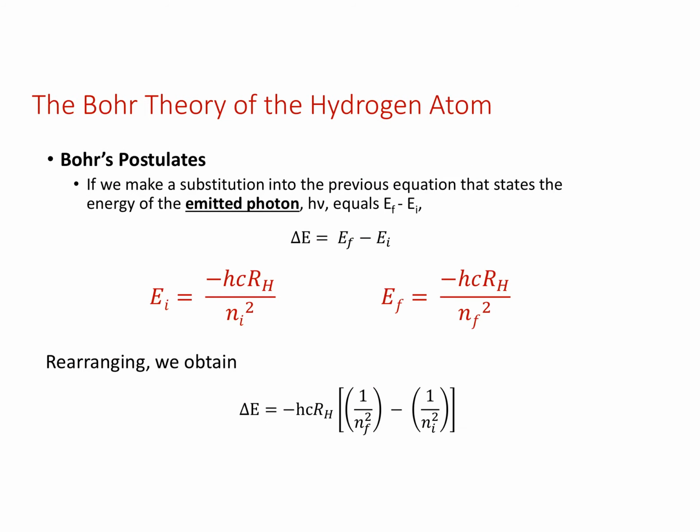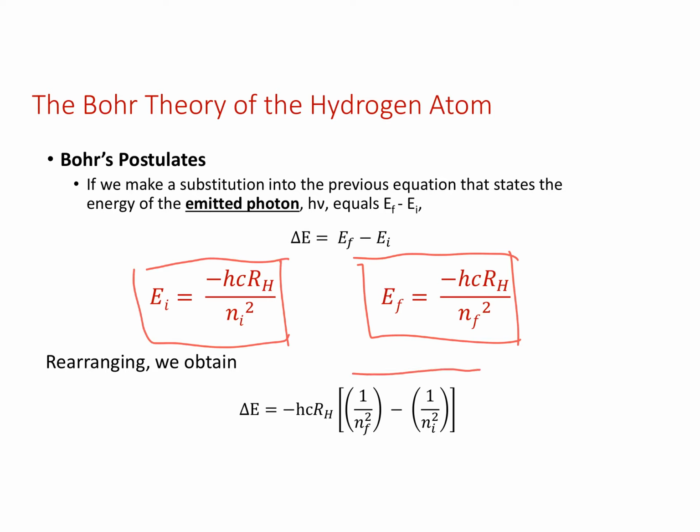Right, and so we can calculate that. We can calculate how much energy is released. I can calculate the initial energy. I can calculate the final energy of that electron. More importantly, I can calculate that change in energy that is released or absorbed depending on the transition I'm going, where the important aspects of this calculation, we've already talked about Planck's constant, the speed of light, Rydberg's constant, NF and NI.